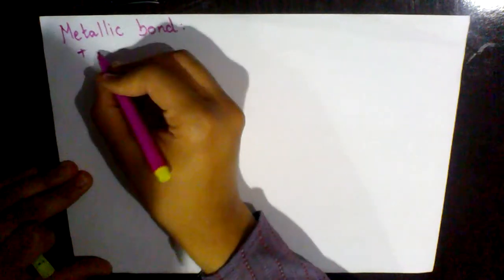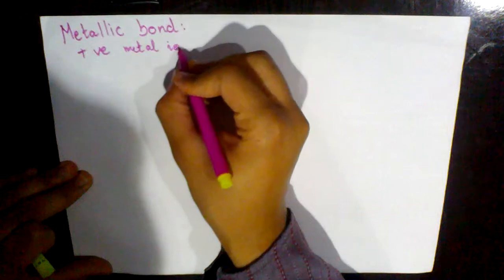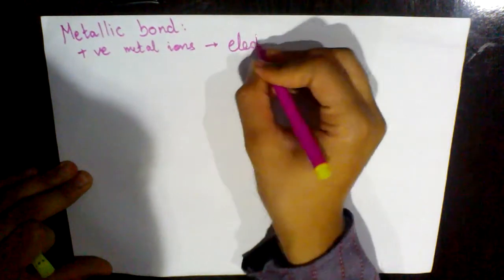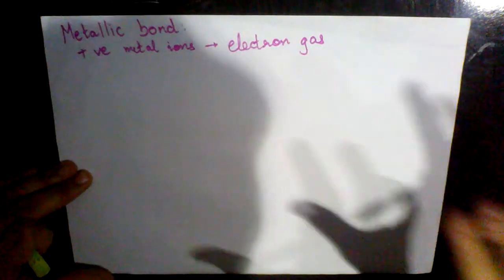A metallic bond is a bond which exists between the positive metal ions and the electron cloud or electron gas. Now what is the electron gas?